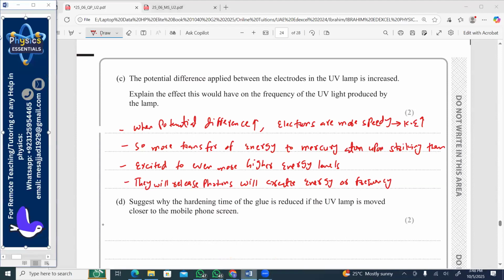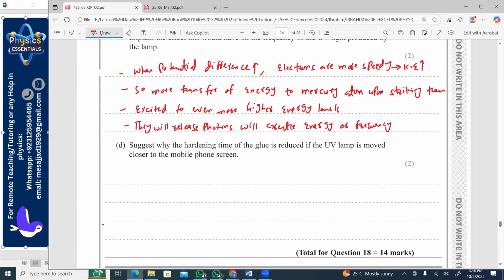Suggest why the hardening time of the glue is reduced if the UV lamp is moved closer to the mobile screen. It's quite obvious that when the lamp is brought closer to the screen, more photons are incident on the screen.